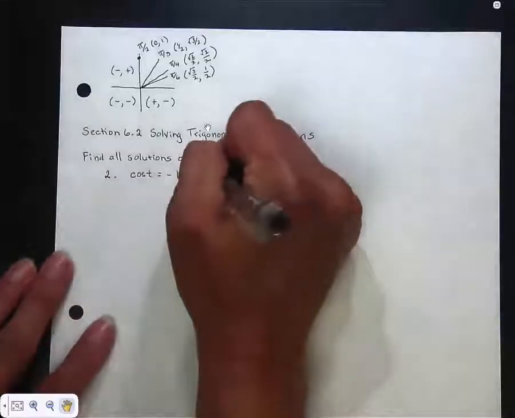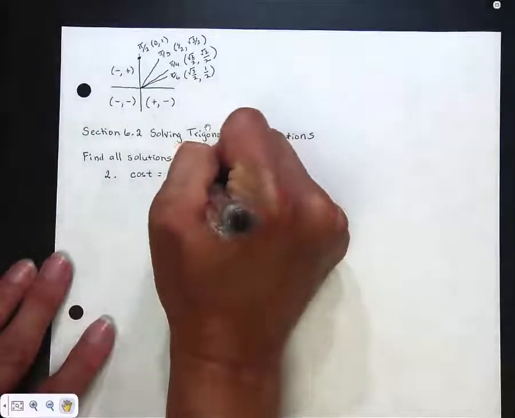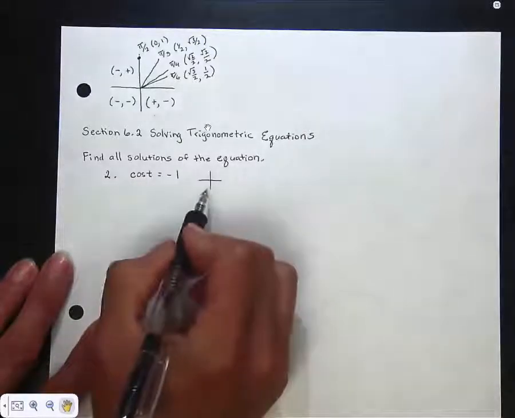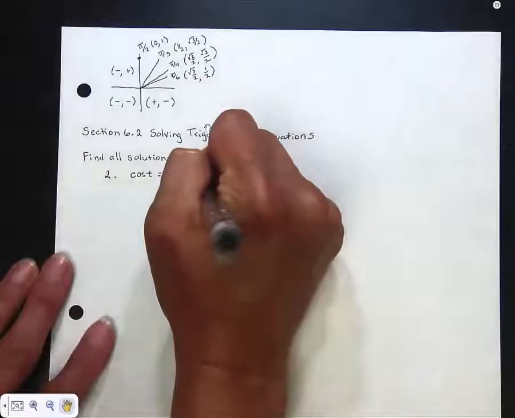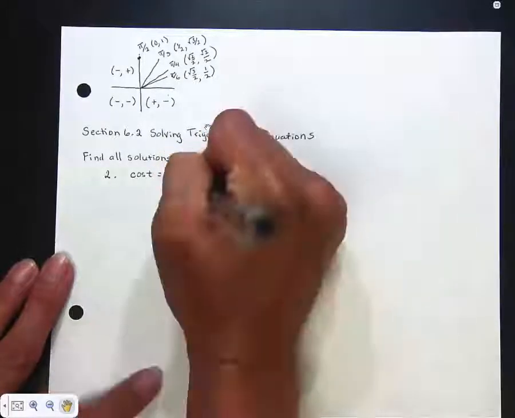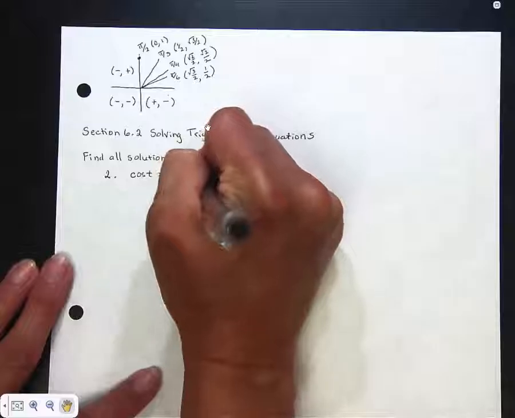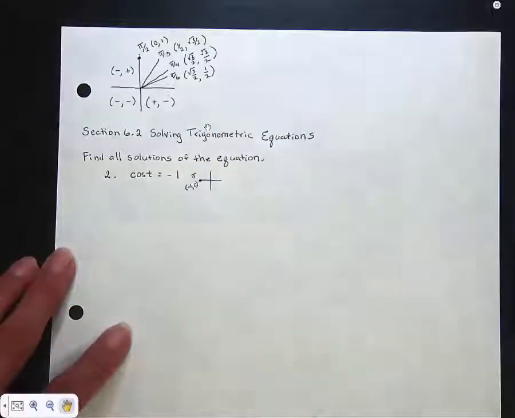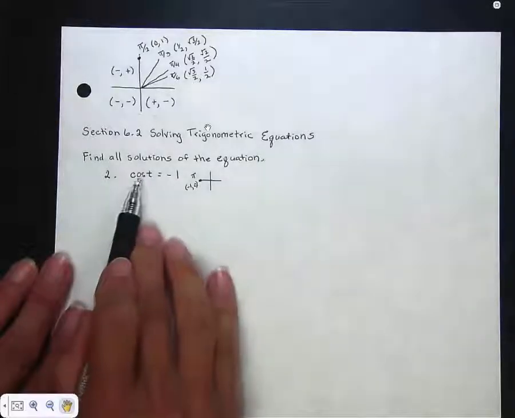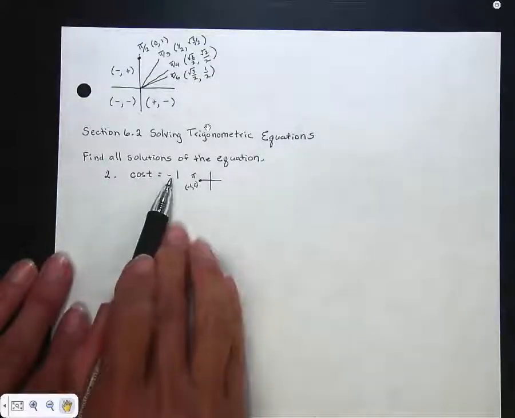And here's the mental image that I have. The only place that x is -1 in one revolution of the unit circle is right here at pi radians, where x is -1 and y is 0.